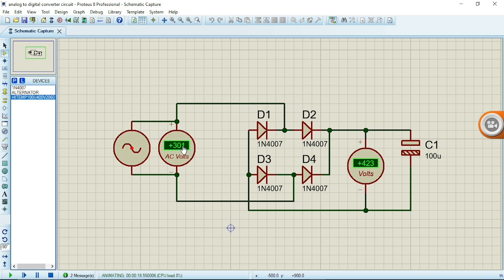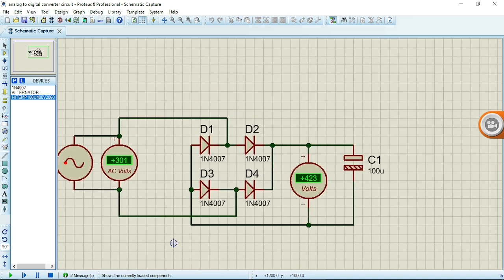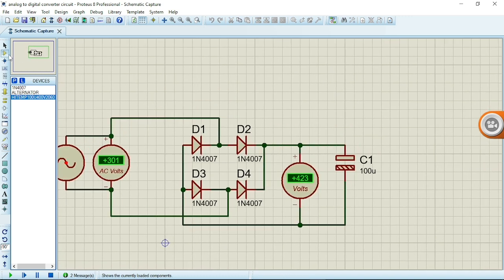I'm saying it again: I assume that 300 volts is my highest voltage. For any voltage from 300 volts upward, I want this to give me 5 volts, so that it will not burn my IC out. That's what I'm going to be doing right here.